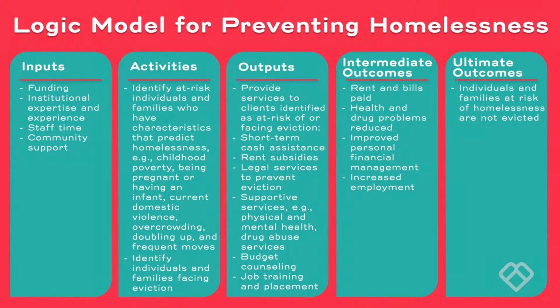This is a more complicated set of activities and outputs in order to lead to the intended impact of avoiding eviction, because it requires, in addition to providing the services, identifying people who are not yet homeless but are at risk. But the theory of change here is that if these steps are taken, it will lead to the intermediate outcomes and then to the ultimate outcomes of reducing the likelihood of being evicted.